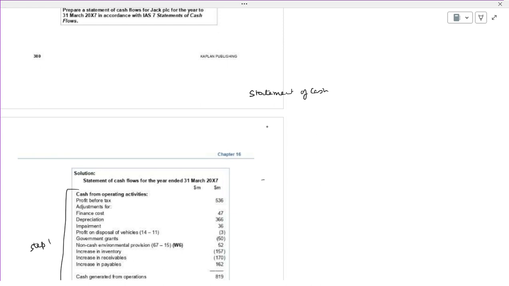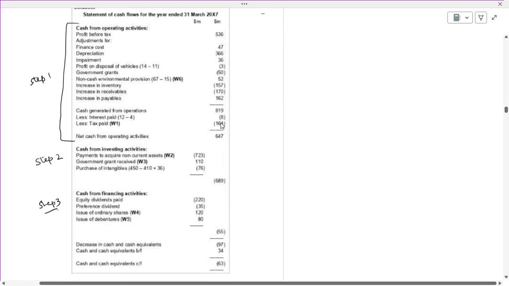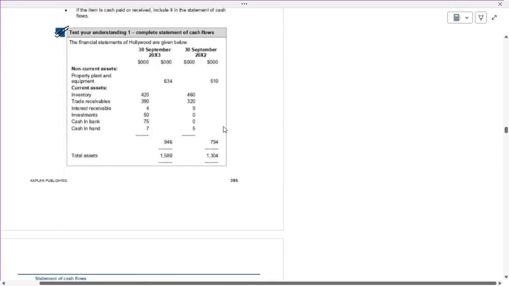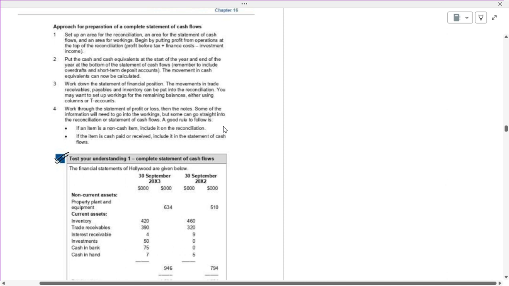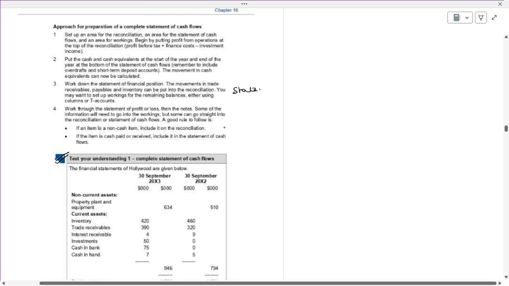Statement of cash flow for the year ended. One minute.